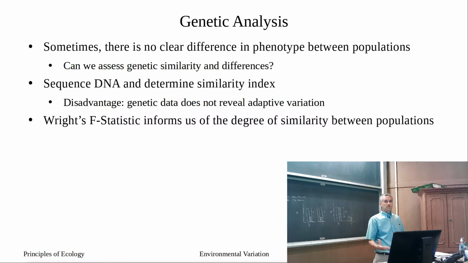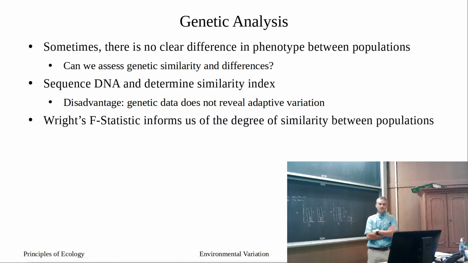All right, so we get our sequence, we compare them, and we can generate a similarity index called Wright's F statistic. Wright's F statistic tells us about the degree of similarity between our populations. This F statistic is very similar to the F statistic in an ANOVA.